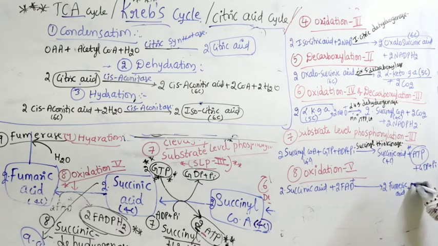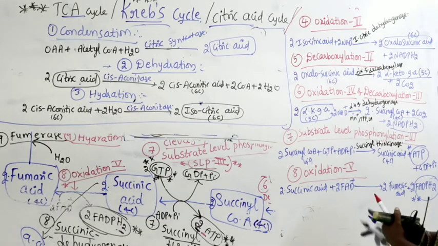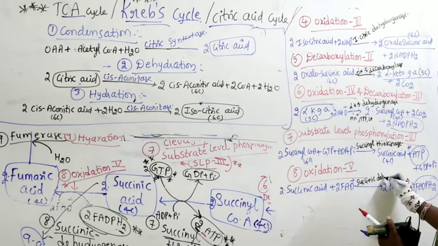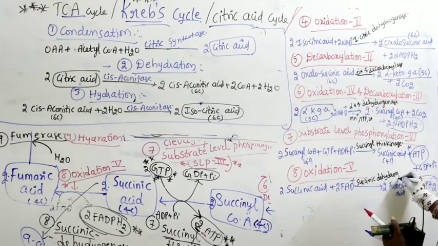Along with that, 2 FADPH2 is produced. This is important. Right? So what is the name of the enzyme here? The name of the enzyme is succinic dehydrogenase.